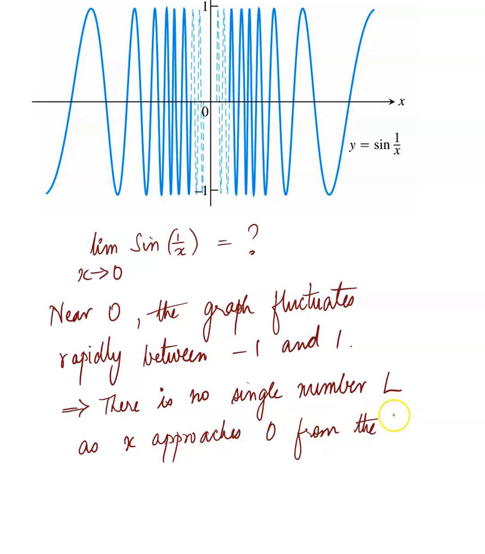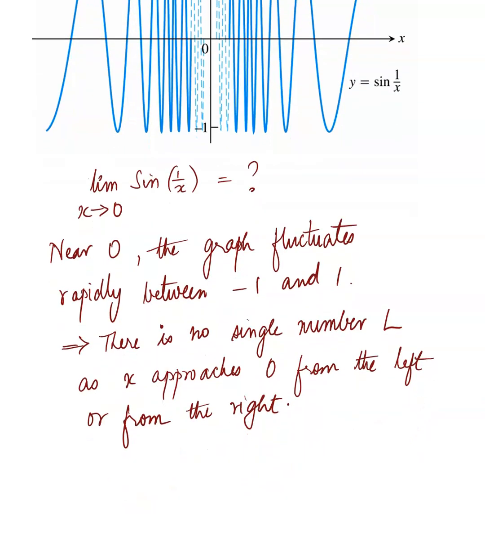That's the case on both sides. So we didn't find the limit. We didn't even find a one-sided limit. So we just have to say this implies the limit of sine 1 over x as x approaches 0 does not exist.